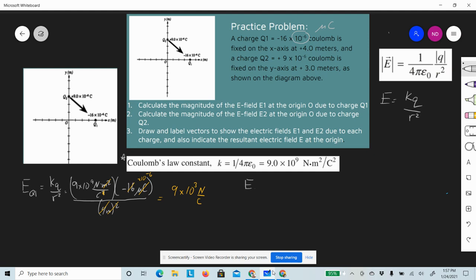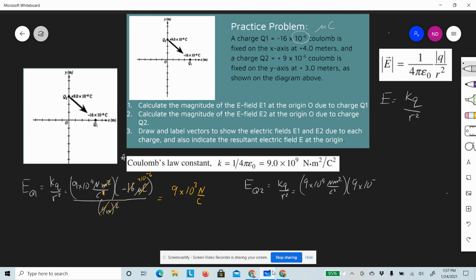For the second one, E from Q2, same equation, KQ over R squared. K, 9 times 10 to the 9th newton meters squared per coulomb squared, multiplied by the charge. The charge of Q2 is 9 times 10 to the minus 6th.